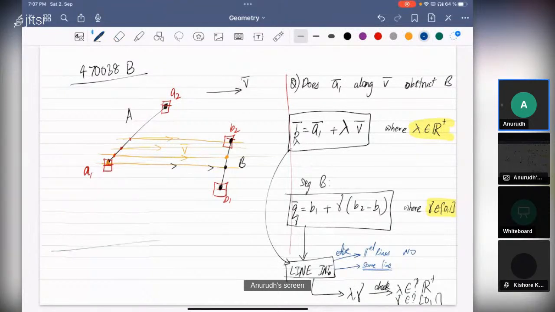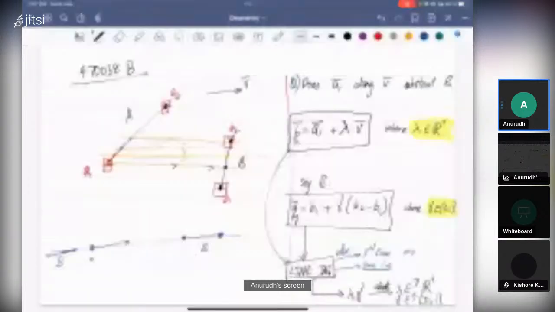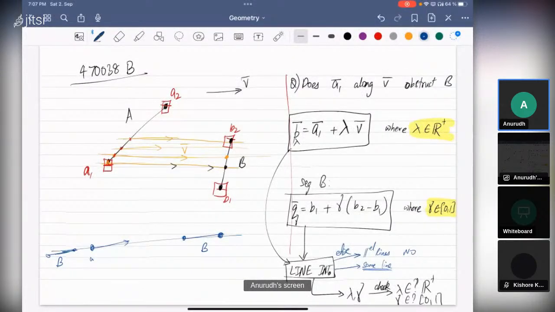Now the problem is A could be here and B could lie somewhere here, or B could lie somewhere here. Depending on these two cases, the answer actually changes, because if B lies on the right side of A in the direction of V, assuming V goes right, then this actually obstructs it, but otherwise it doesn't.